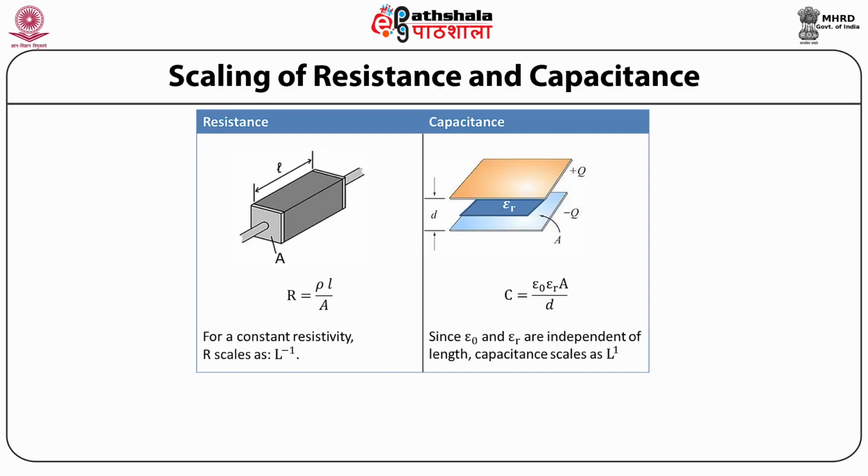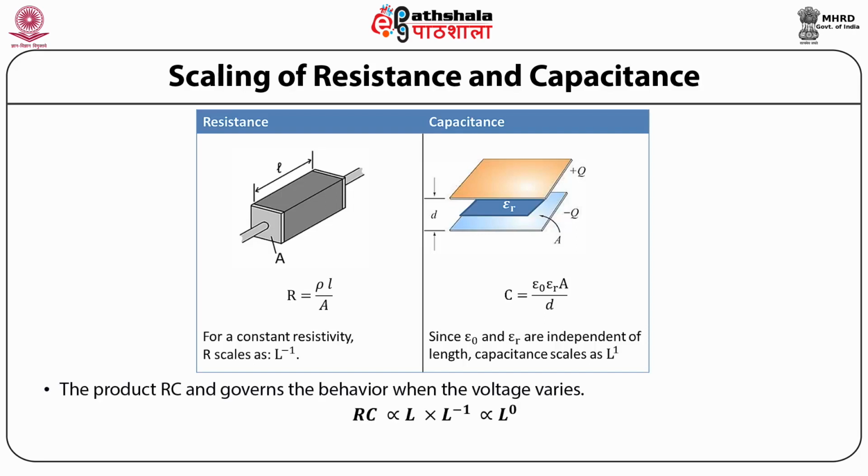The characteristics of an electrical circuit are governed by the basic units, capacitor C and resistor R, and their combination. For example, the time constant of a circuit depends on the product RC and governs the behavior of the circuit.